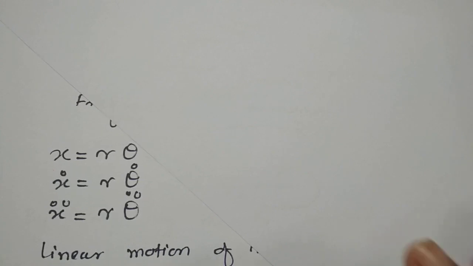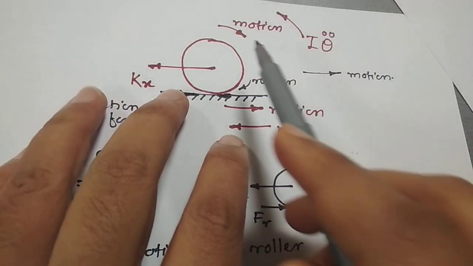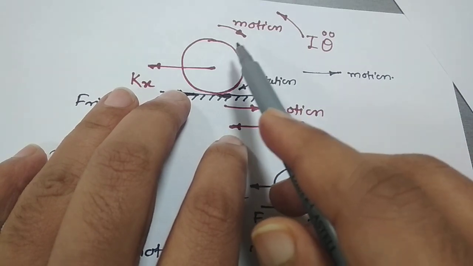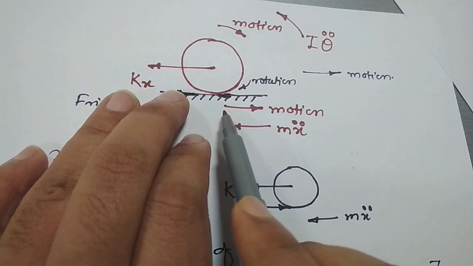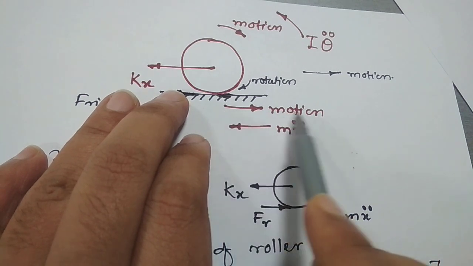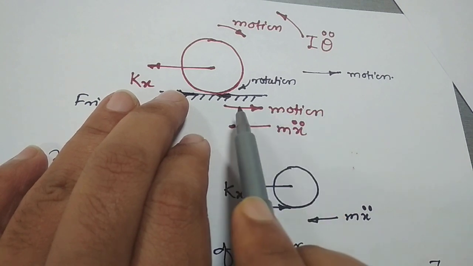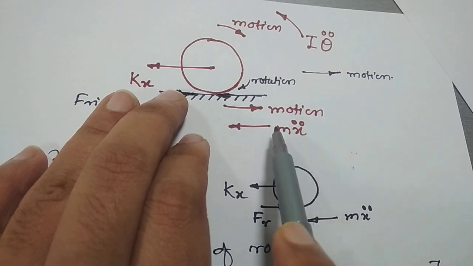Now we will go for its free body diagram. In the free body diagram, we can see this roller is moving like this. At the same time, the roller is rotating and linearly moving in this direction. Means motion is in the positive x direction. The inertia force, mass into acceleration, will act opposite to the motion.